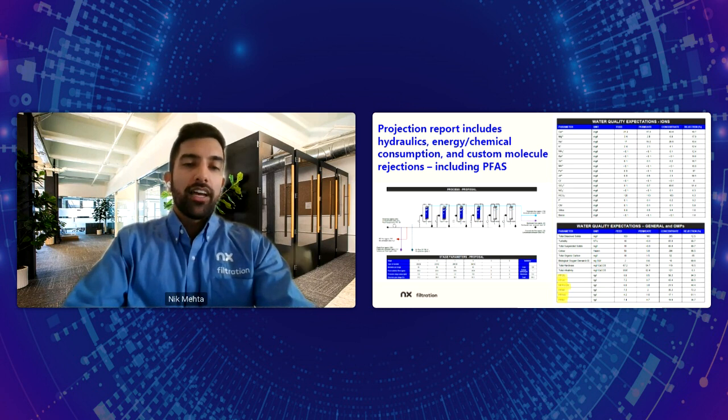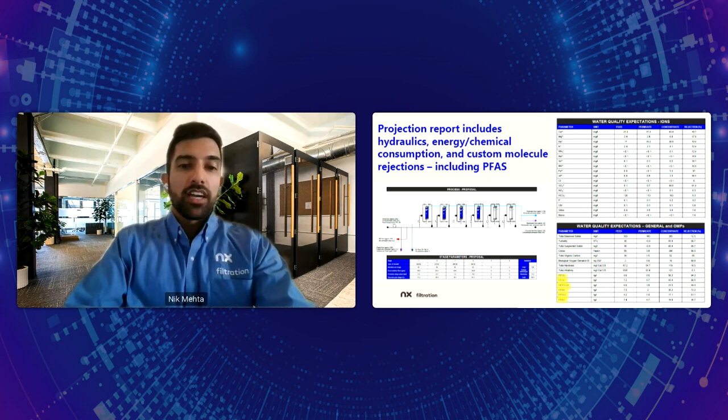In our case, the software allows users to enter custom constituents, including organic micropollutants, and you add a little bit of information about those constituents, and then you get an estimated rejection for that organic micropollutant that you've added to the software. So this is, of course, going to include PFAS molecules.